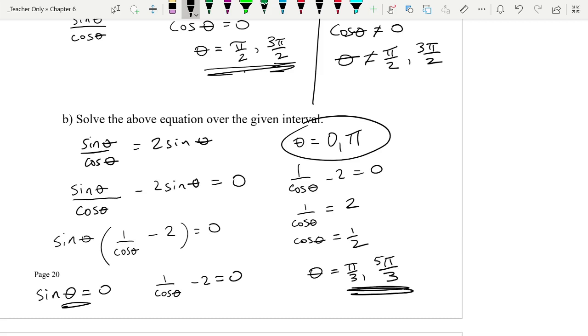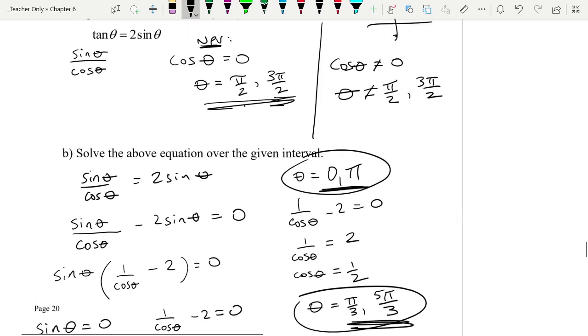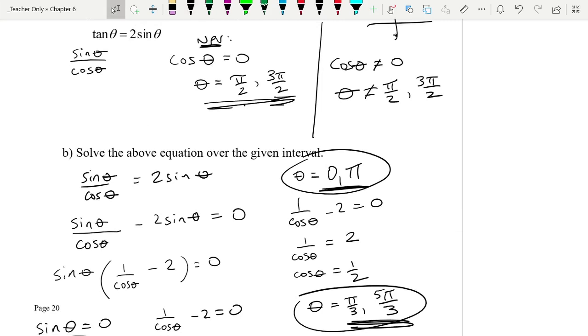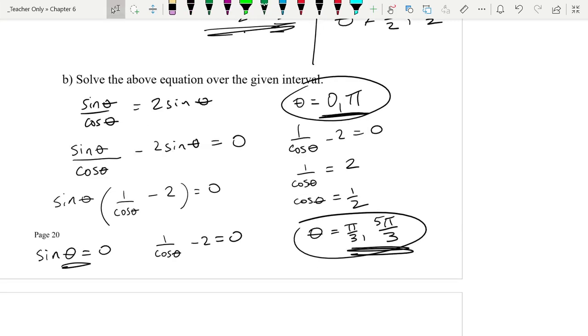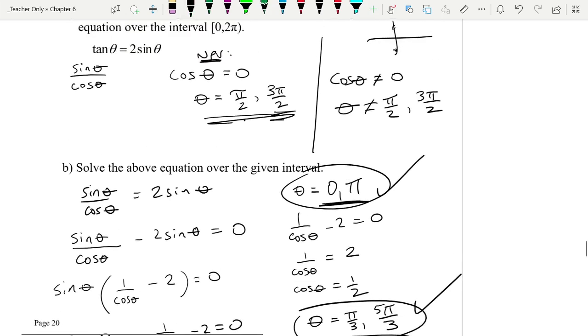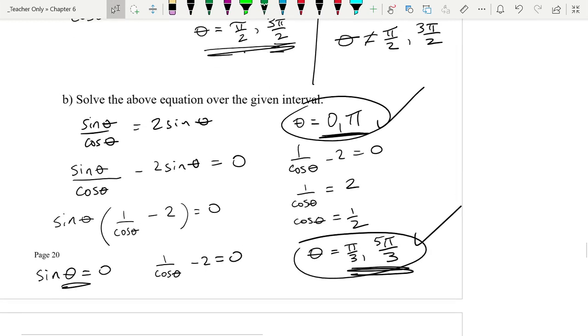Then we do a quick check. Are any of these answers non-permissible? Nope, we're good. The answers we couldn't have had were pi by 2, 3 pi by 2. And that's none of these answers. So these are good. What about 0? Oh, right. Sorry. Hang on.